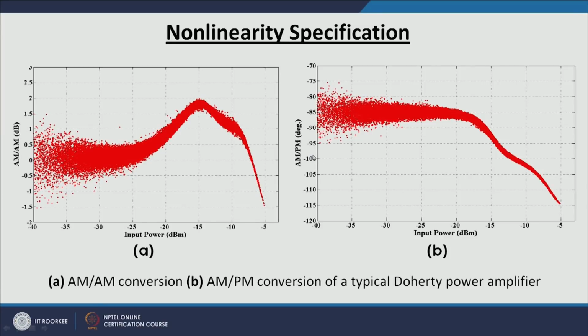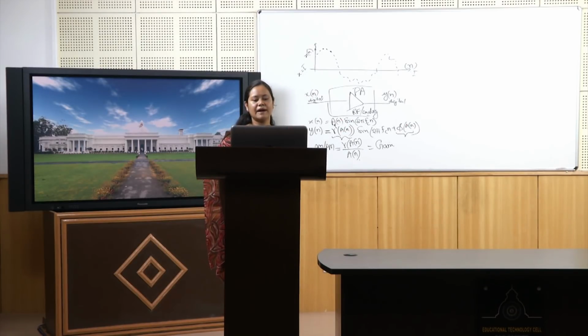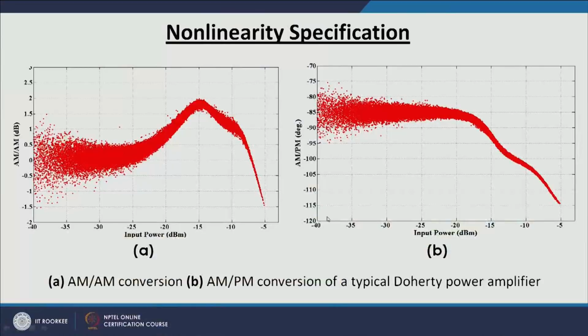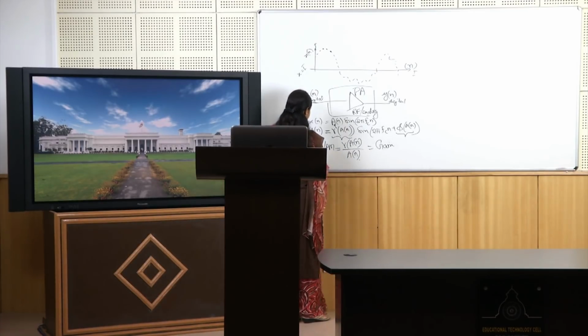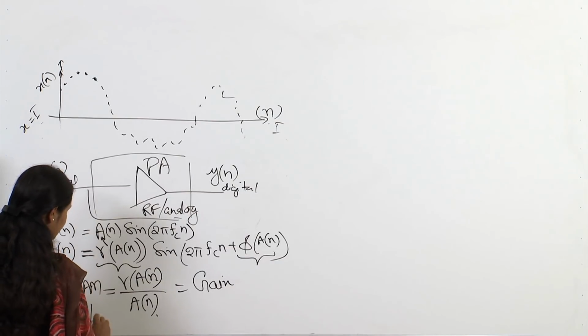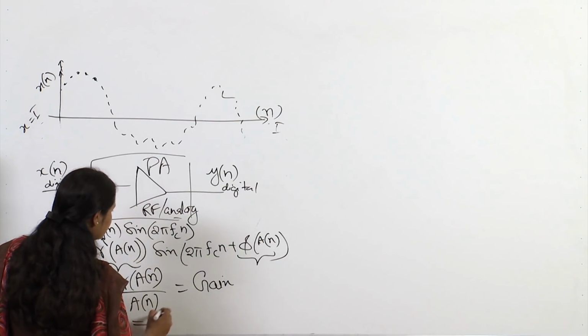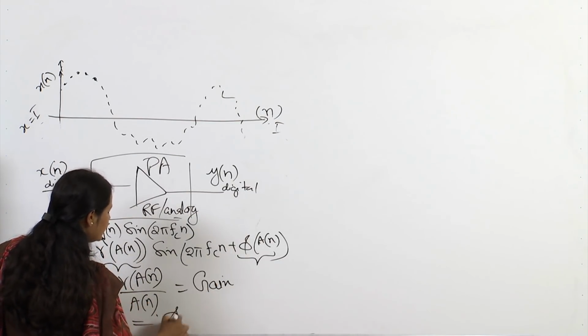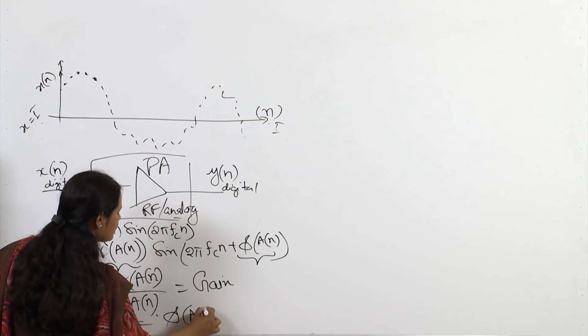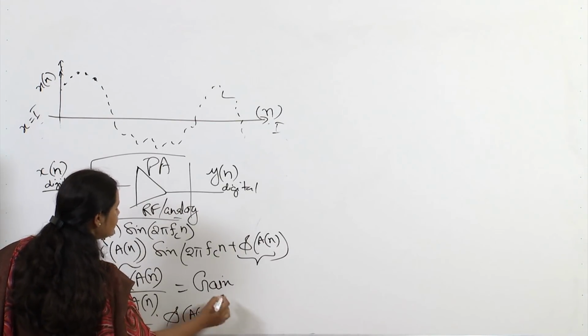Similarly, AM/PM is the phase modulation because of the amplitude. Here we are simply plotting the output phase minus the input phase with respect to input power. So, AM/AM was the gain, and AM/PM is basically this phi_n minus the input phase.